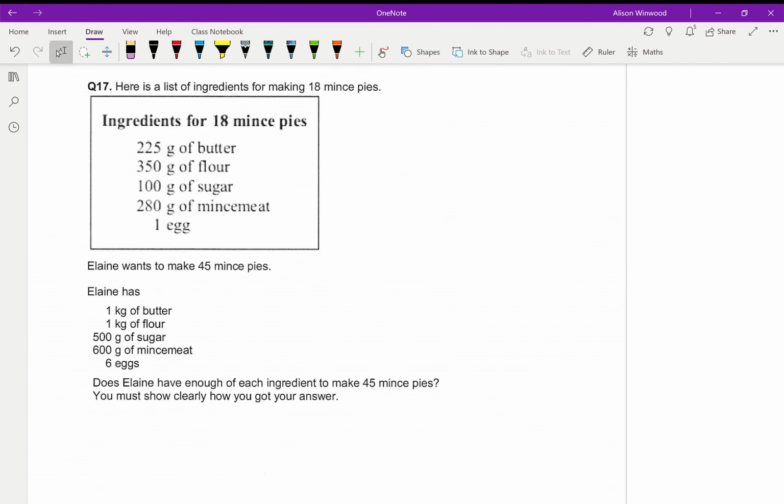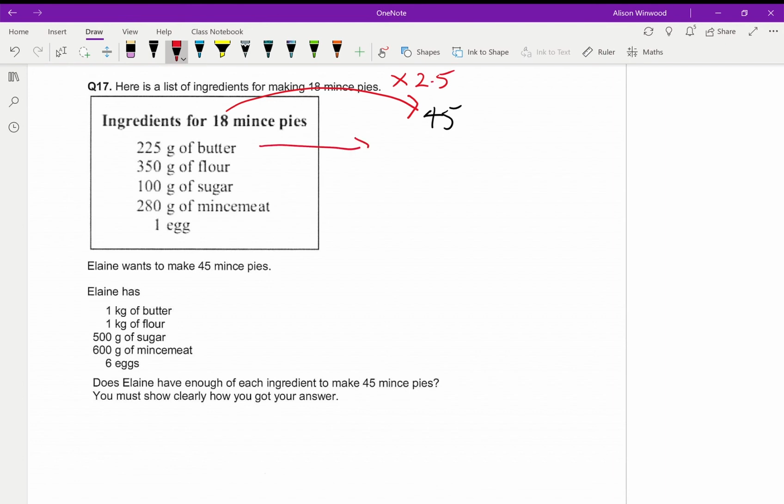So I'm making 18 mince pies and Elaine wants 45. So we've got to get to 45. So to go from 18 to 45, we need to multiply by 2.5.